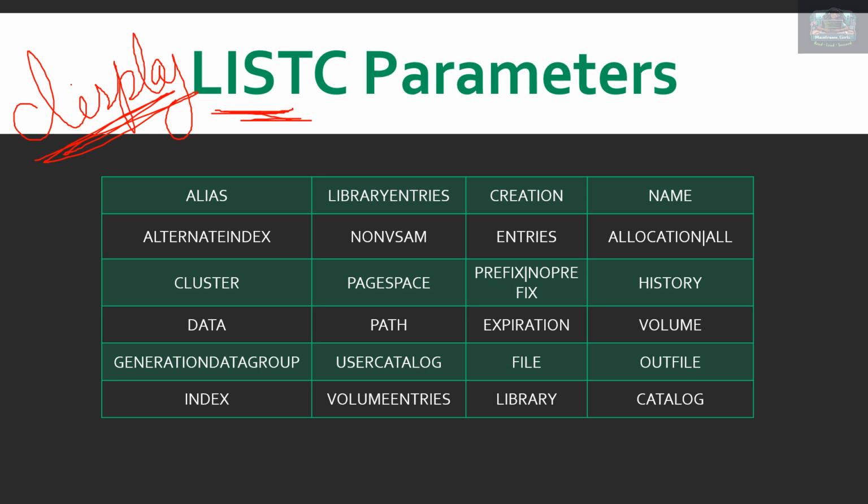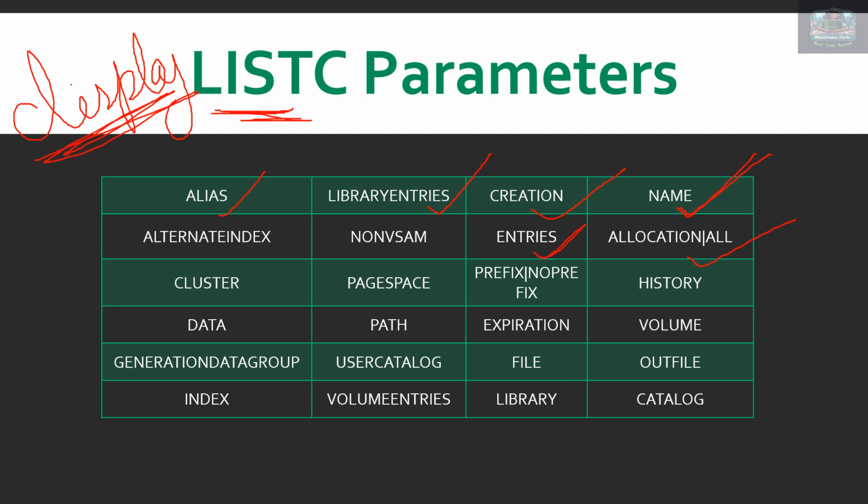You can check for alias and library entries. Suppose it is a tape dataset, you can check the library entries. You can check the creation. When you give the name, you can get the exact name of the catalog it is associated with. You can give allocation and check all the allocation entries.